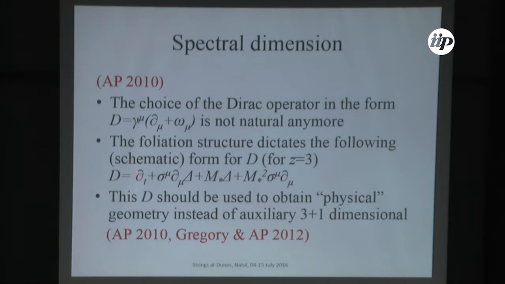So you have the time derivative, this usual. So the first term plus the last term is the usual Dirac operator, essentially. And here, more derivatives. So it's a schematic expression.